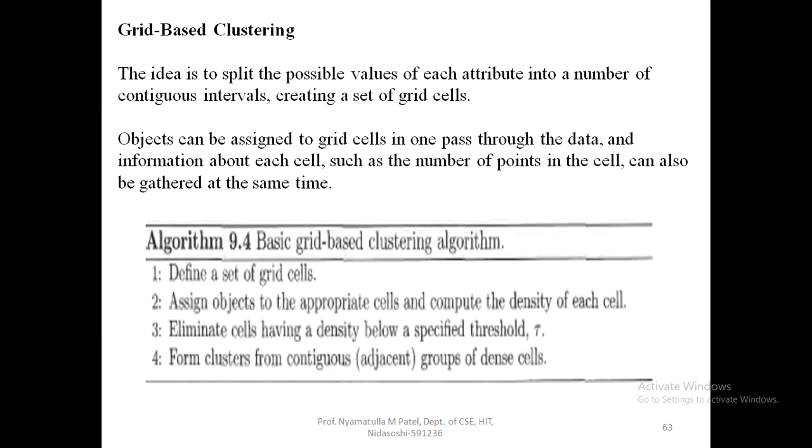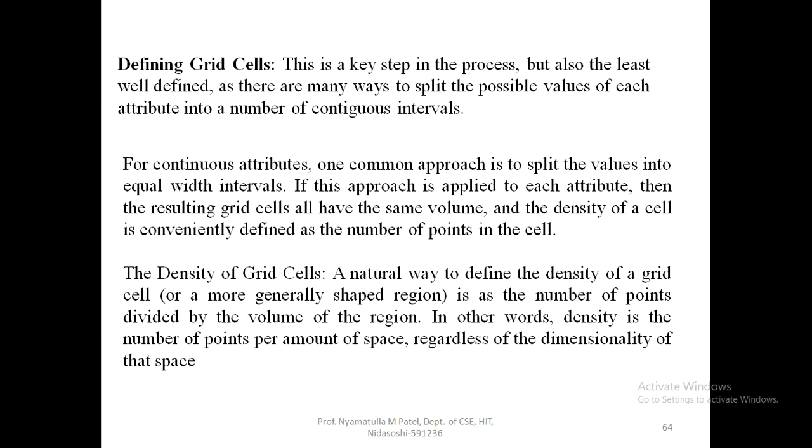If any cell is found to have a density less than the threshold value tau, it will be eliminated from the grid. Then we form clusters from adjacent groups of the dense cells, by applying any one of the clustering algorithms. Now we will see how to define a grid cell.